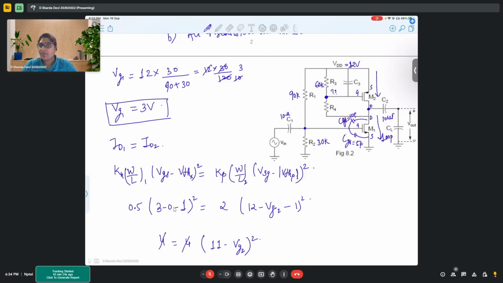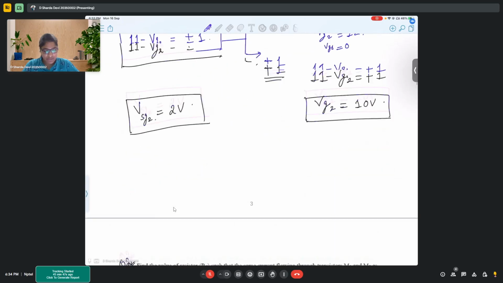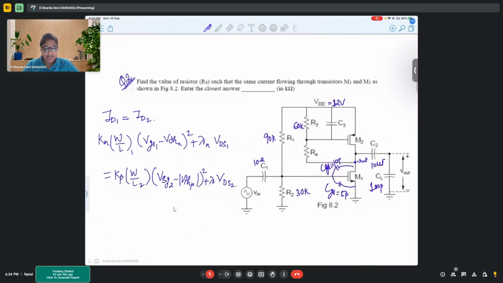So whatever voltage you are providing, the maximum, that is the supply voltage, should go to your amplifier circuit rather than your biasing circuits, which are these resistor circuits. So that's why you would observe that these resistors are too high. And since in this problem we are going to calculate the value of R4, you would have R3 and R4, and from there, if you calculate the value, it would come out to be very small.